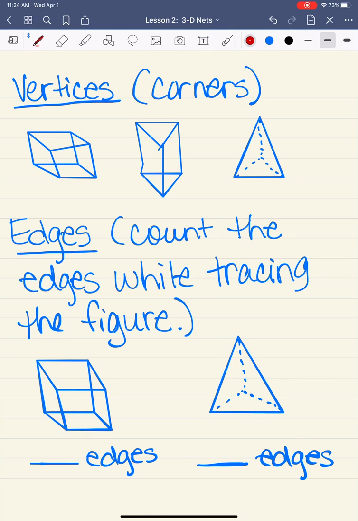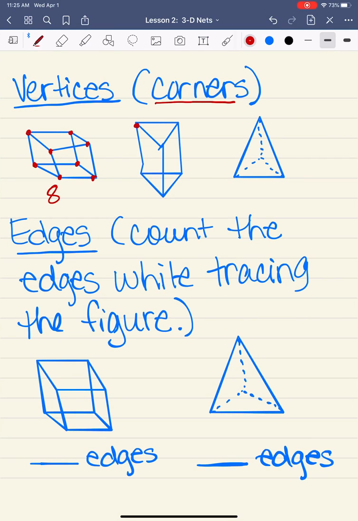Next are vertices. So the word vertex means 1, vertices means more than 1, and you can think of it as like the pointy parts or the corners. So I'm going to trace those as we're going. So 1, 2, 3, 4, 5, 6, 7, 8. So that would have 8 vertices.